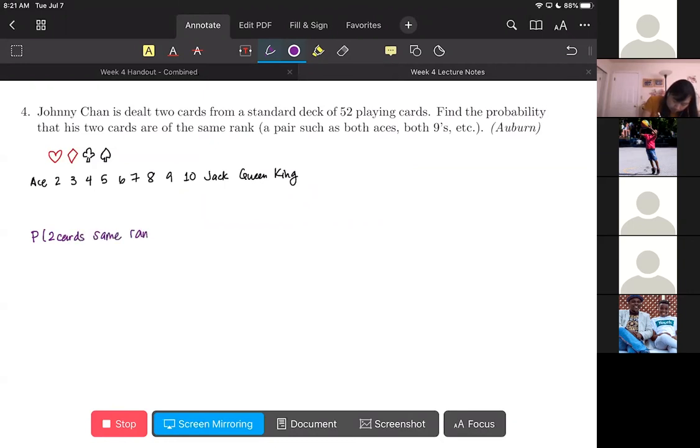So I'm going to start by writing out our formula for probabilities. The probability the 2 cards are the same rank is the number of ways Johnny gets a pair over the number of total 2-card sets.